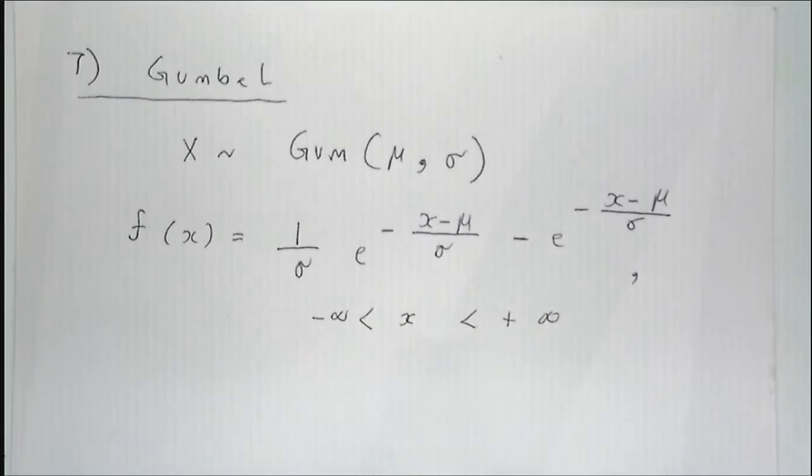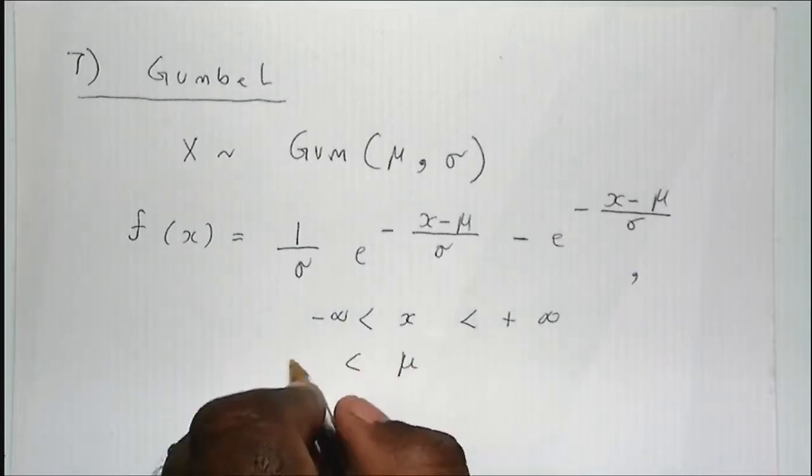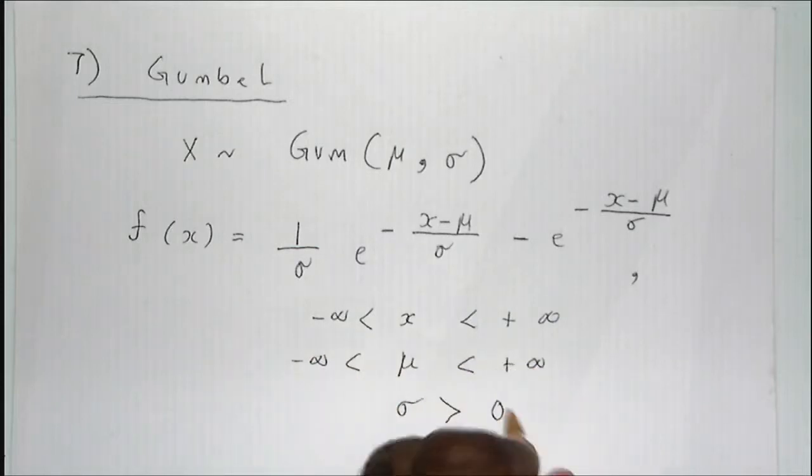The Gumbel variable is defined from minus to plus infinity, the whole real line. And the mu parameter is also defined from minus to plus infinity. The sigma parameter is strictly positive.